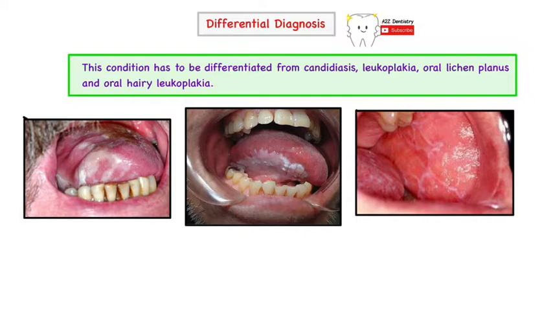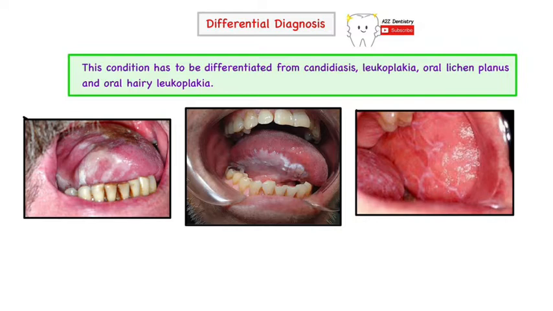There will be striae radiating from a centrally umbilicated area, and their color might range from white to yellowish white to deep erythematous areas intermingled with whitish areas, and some lesions may give a violaceous hue. Such features help us distinguish it from oral hairy tongue.